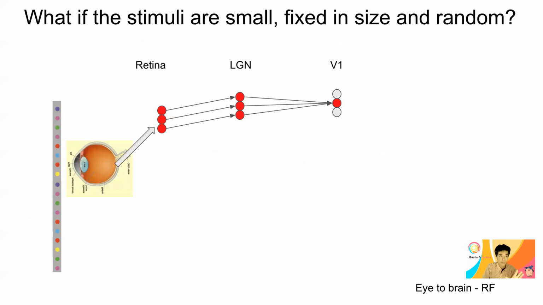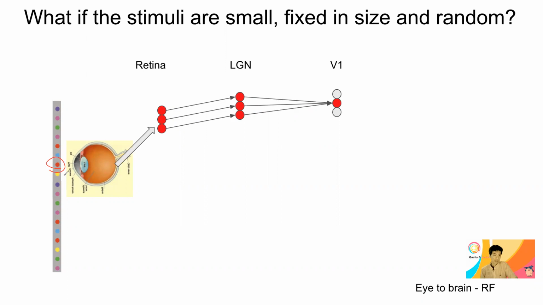Okay, then what happens if the stimuli are small, fixed in size, and also located randomly? That was one of the demonstrations that I showed last week and also in the beginning of this lecture. So when you see something like this, you probably saw color relatively clearly only on the fovea, but not in the periphery.